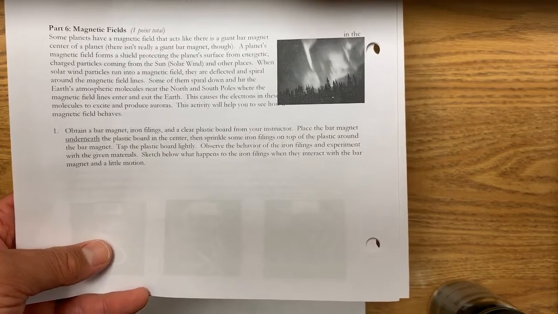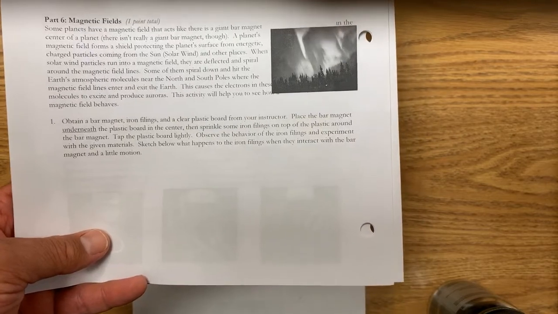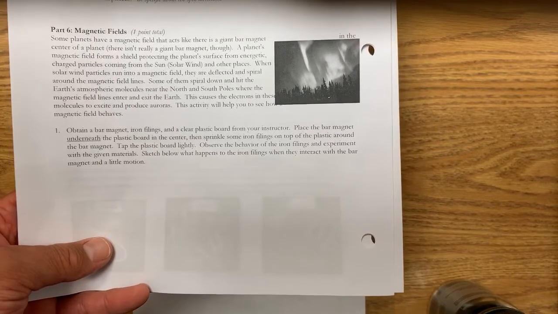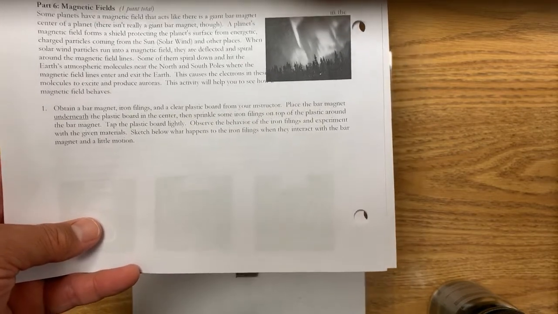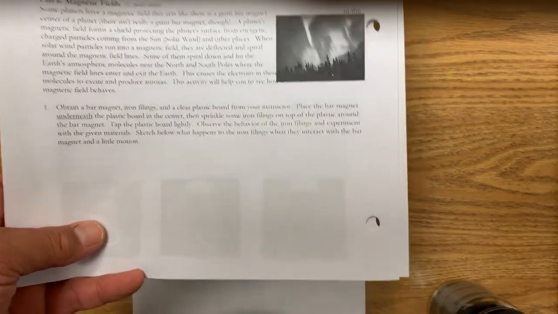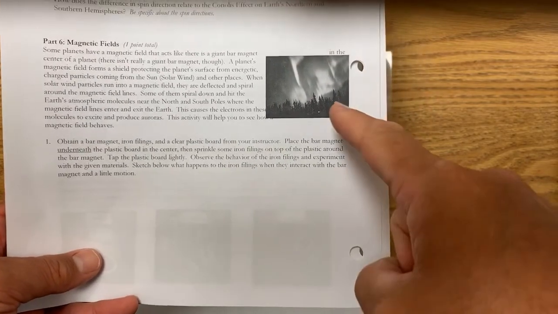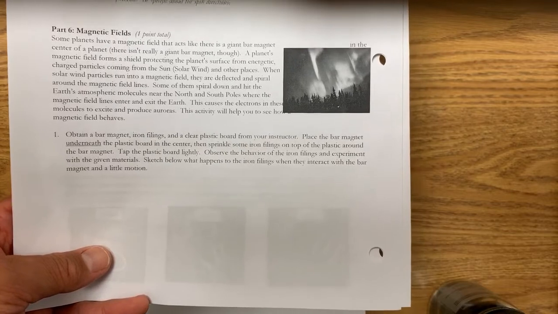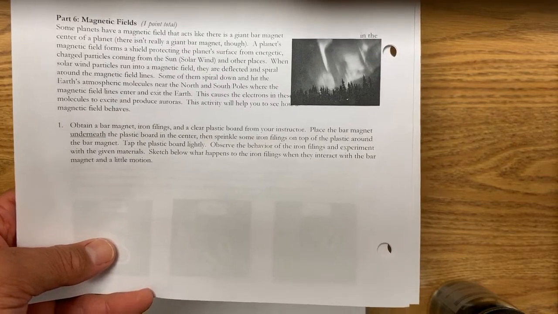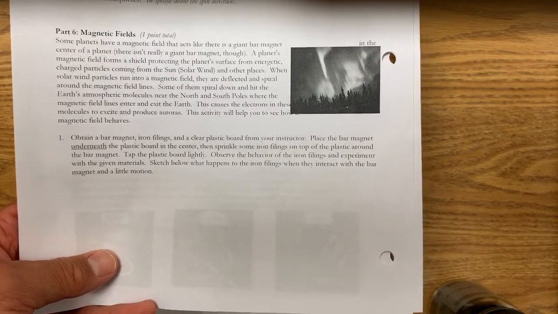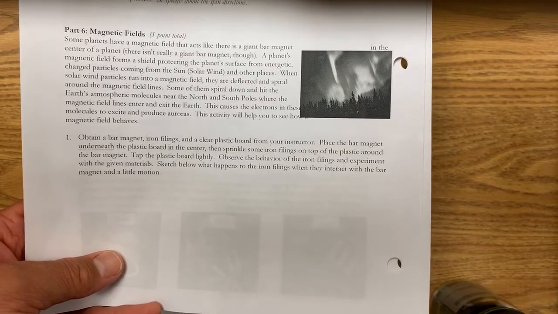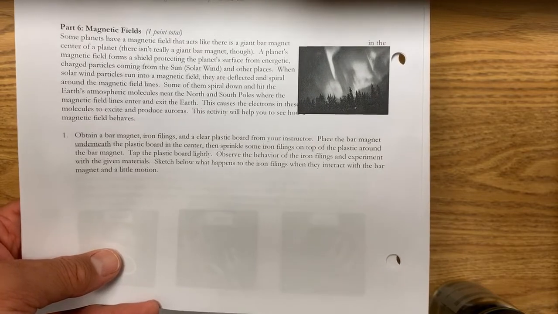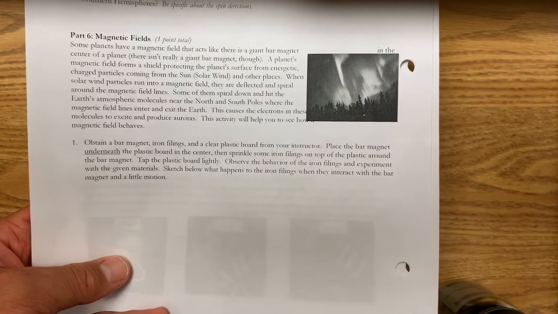They actually travel down the magnetic field lines, excite atmospheric molecules, and when those atmospheric molecules relax back down, the electrons release a color. And that's what actually causes the beautiful auroras. Auroras then are caused by solar wind particles traveling down magnetic field lines, hitting the atmospheric molecules, exciting their electrons, and then when those electrons relax back down, they release a color.